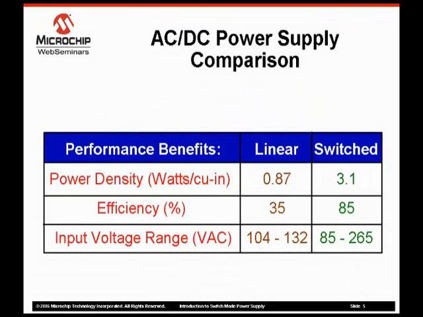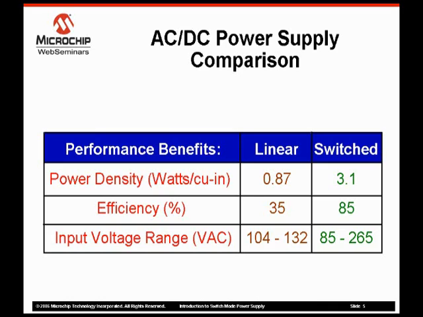AC to DC power supply comparison. The power density of switch mode power supplies is constantly improving with increasingly higher switching frequencies in modern designs. Linear power supplies based on 60 Hz magnetics have not changed in size in the last 50 years.